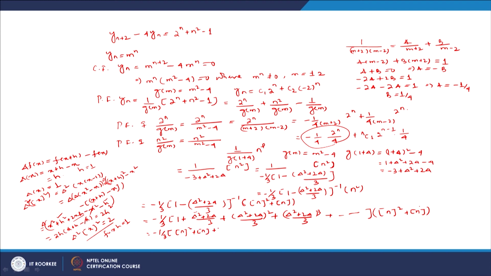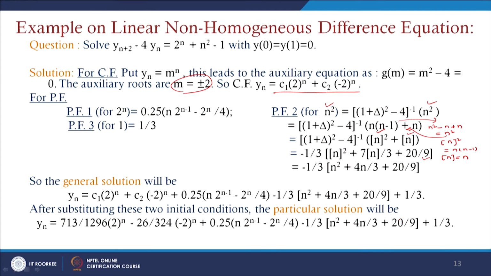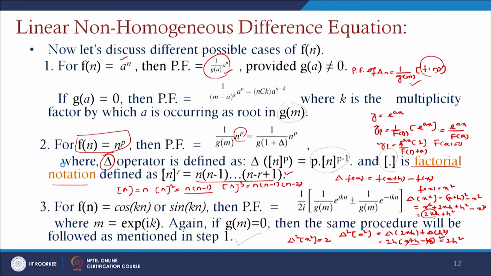The second value, if you operate delta square on n square here. I have also explained this in the previous slide: delta of n to the power p can be written as p n to the power p minus 1.